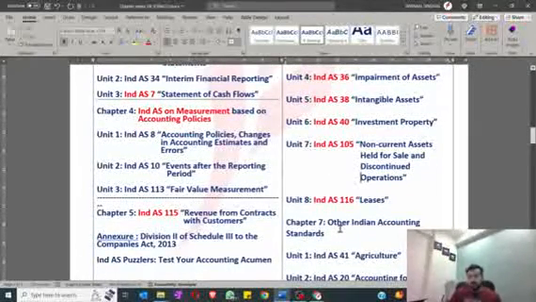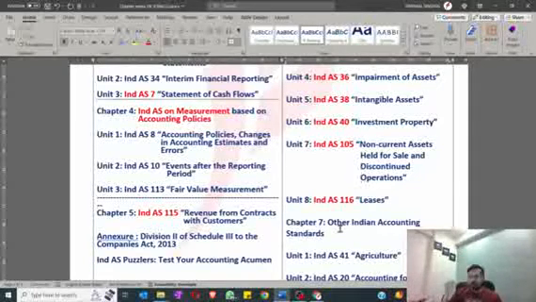Next Ind-AS in this series is Ind-AS 116, a very important Ind-AS. It covers leases, because most businesses take assets on rent to fulfill their needs.